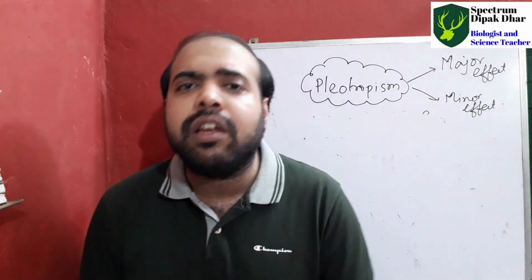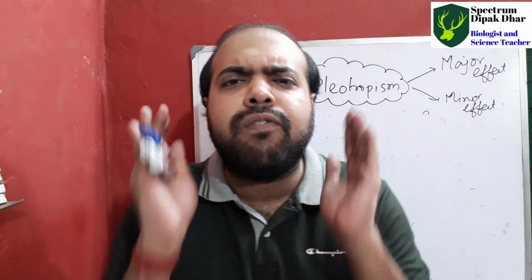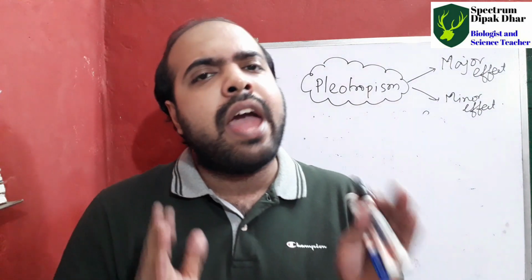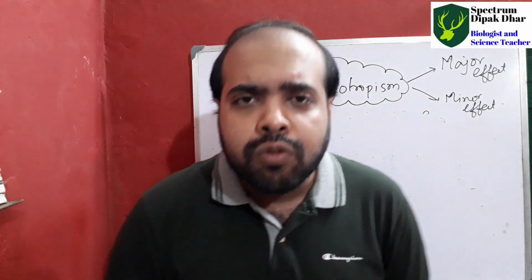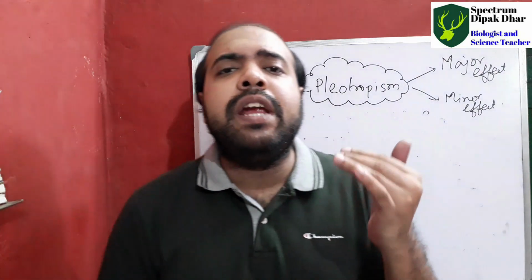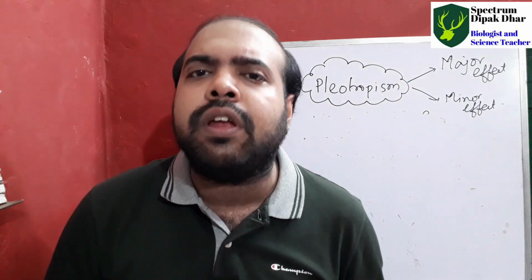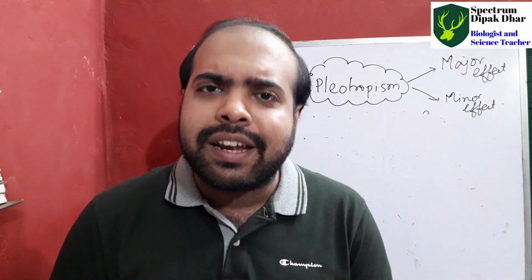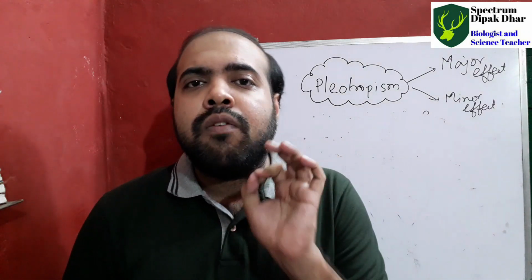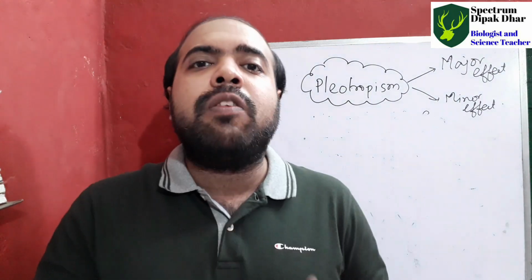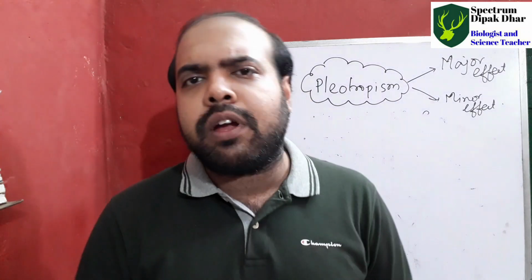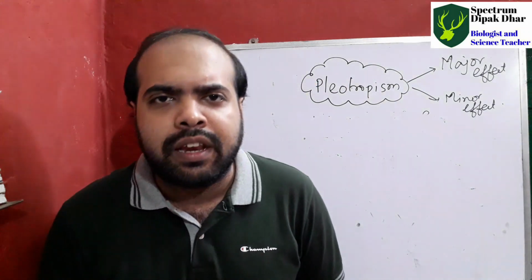Write it down, students, it will be very important for your examination, and it will definitely come in your NEET examination. The beta chain of hemoglobin, which normally contains glutamic acid at the 6th position from the amino terminal, is replaced by a totally different amino acid, valine.